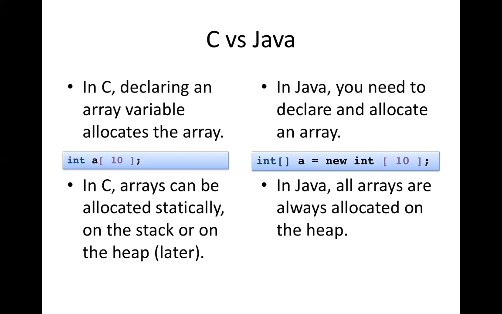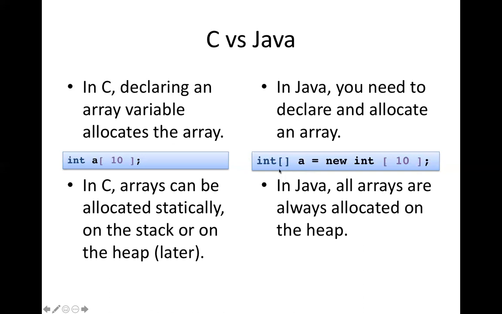You can't make any guarantees about what those elements start out as. If you allocate it globally, if you allocate it statically, then just like any other statically allocated variable, it's guaranteed to start out full of zeros. If we compare this to Java, this is what I said a couple of slides ago.